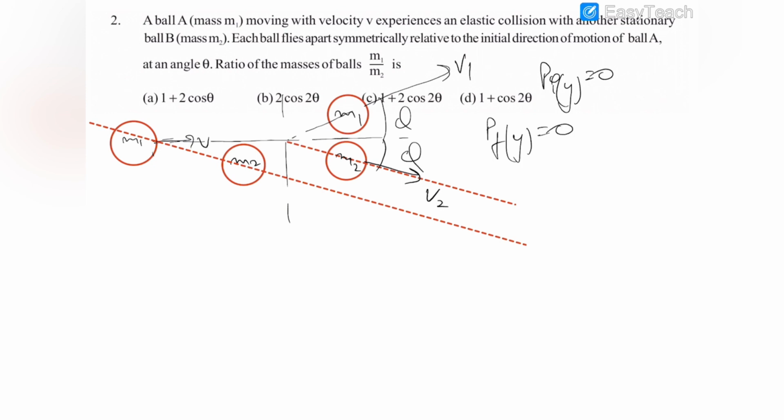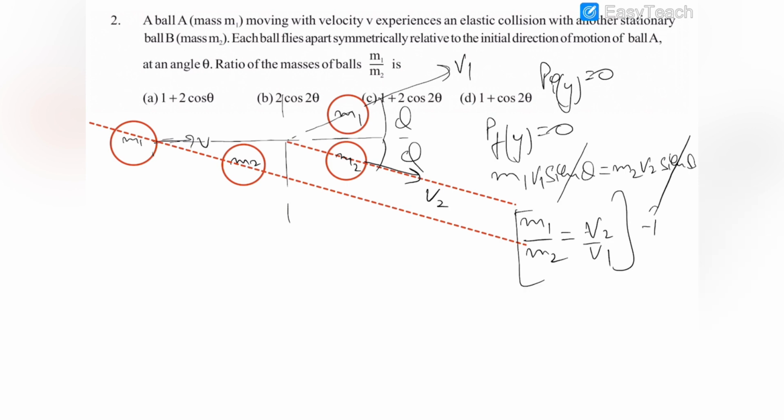So the final momentum in y will be m1 v1 sine theta minus m2 v2 sine theta, and that would be 0. Cancelling sine theta, you can see that m1 by m2 is equal to v2 by v1. This is the first equation.